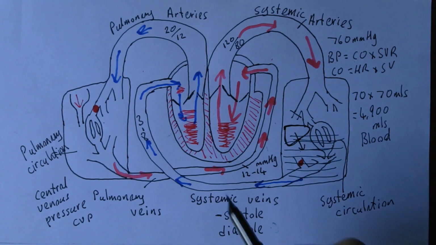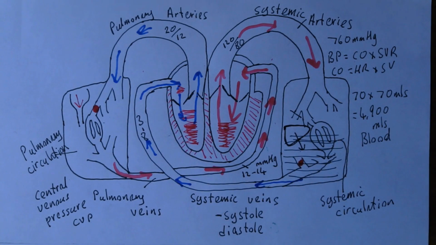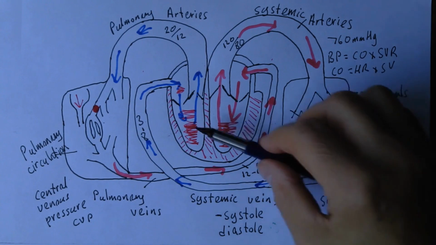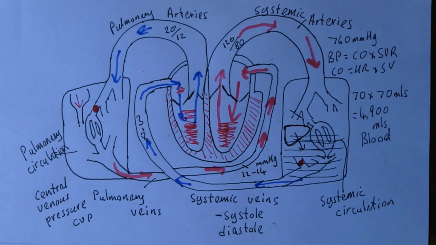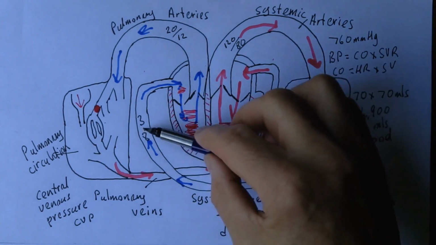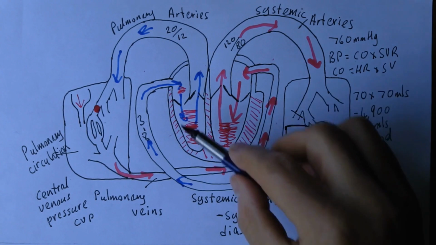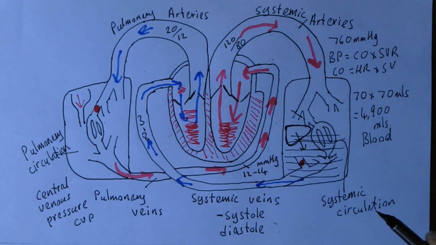But as we've said, right ventricular failure over time will lead to left ventricular failure, just the same as left ventricular failure over time will lead to right ventricular failure. So that's just a few things that can go wrong with the systemic veins: hypovolemia, fluid overload, disease of the valves affecting the veins, or disease of the right ventricle.